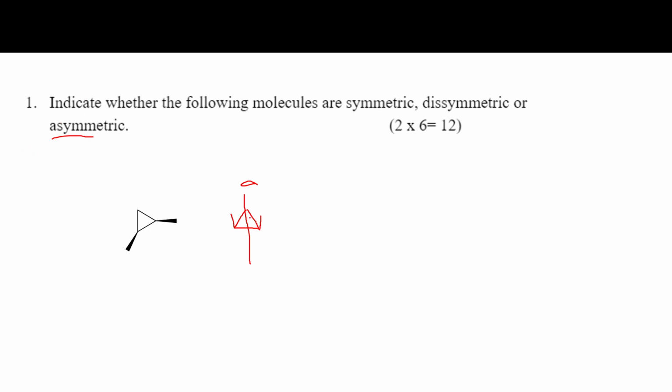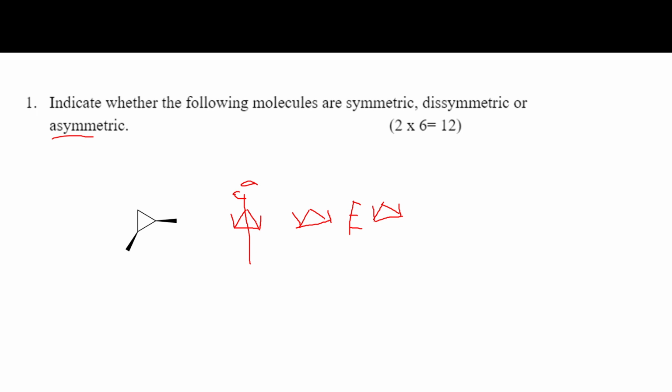Now if you rotate this molecule 180 degrees, what will you get? A molecule similar to this. And after the mirror, it also gives the same molecule where the 2-methyl is up.